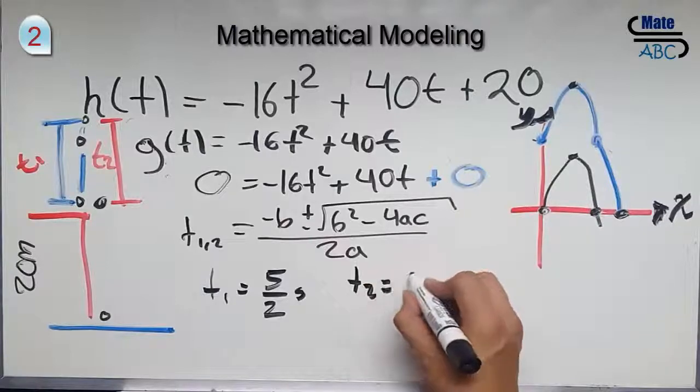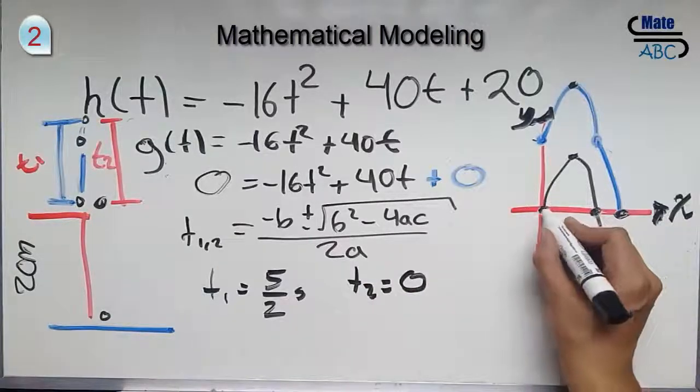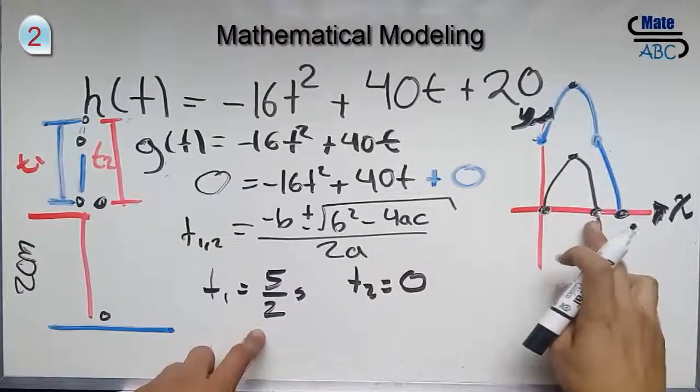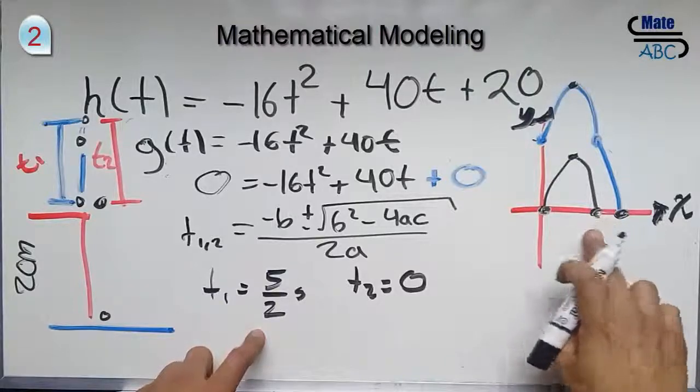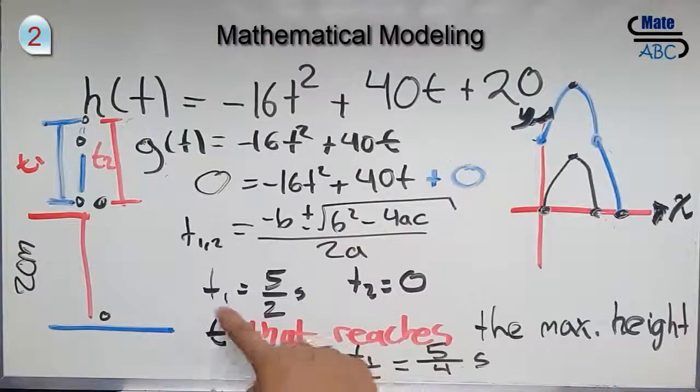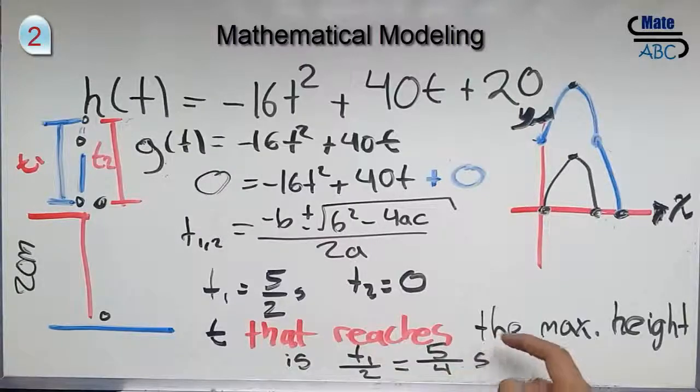The other is 0. As you can see, this is 0 and this is 5 halves of a second. So the time that it reaches the maximum height is t1 divided by 2, and this equals 5 fourths of a second.